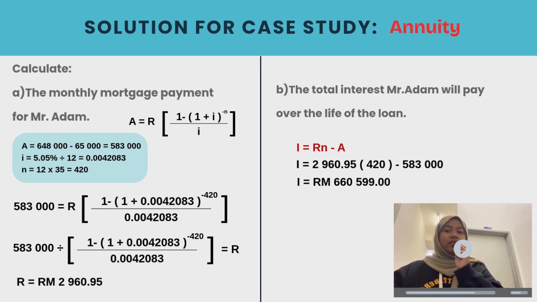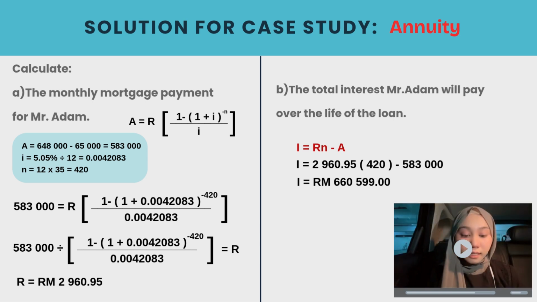The answer is RM2,960.95. To find the total interest, interest equals 2,960.95 times 420 minus 583,000. That equals RM660,599.